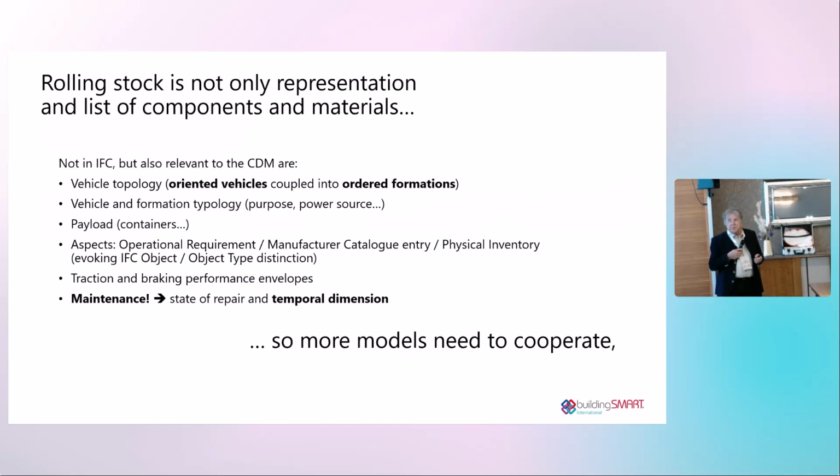Second, I have to deal with the vehicle information typology, the purpose, the power source, electric locomotive, passenger coach, blah, blah. I have to talk about the payloads because one of my potential model users is interested to know if the containers that are on the train that is passing a detection portal have been displaced maybe, and if they are infringing the gauge.